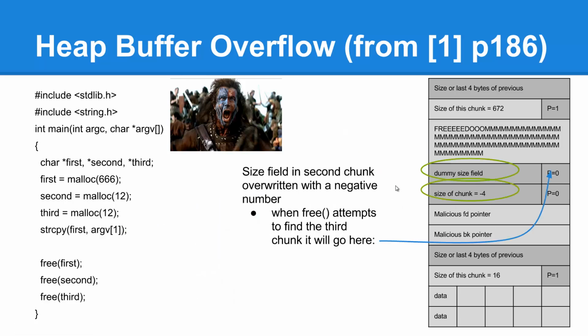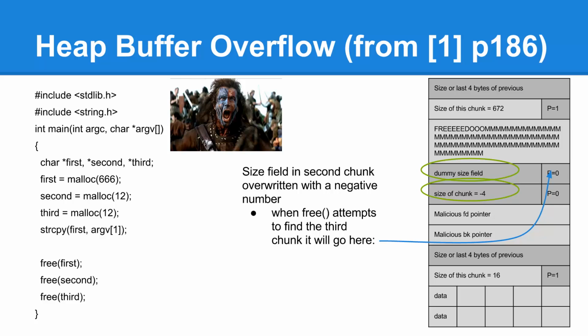So, to walk through it, the first chunk is here, the second chunk is here, and the third dummy chunk is here. It believes this because it's using the size metadata to calculate this, and it allows a signed size for whatever damn reason.